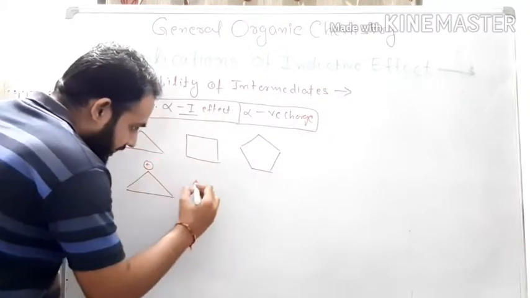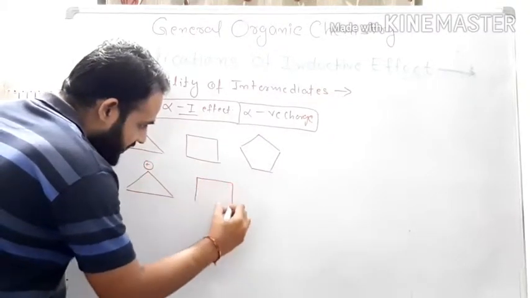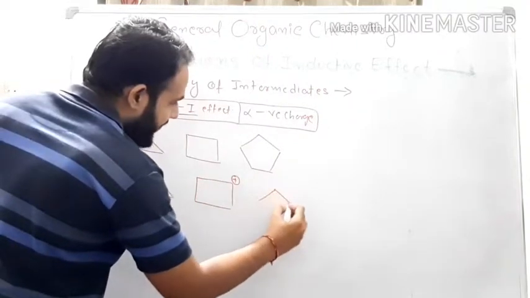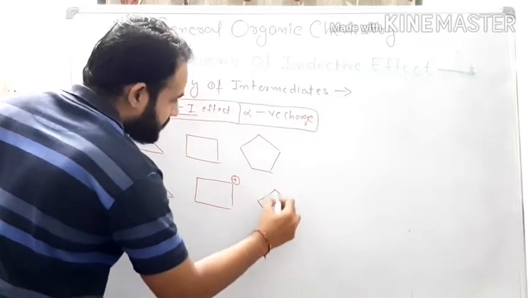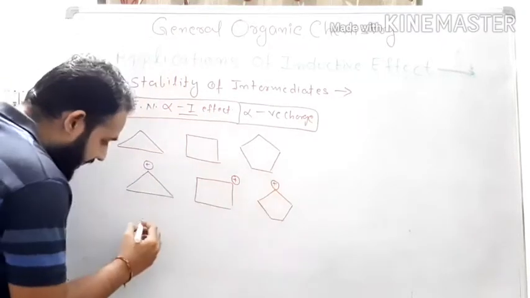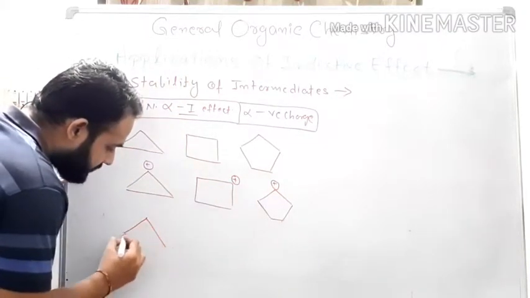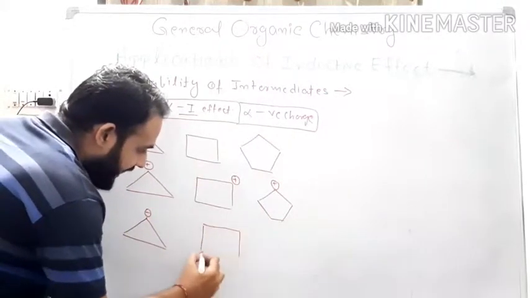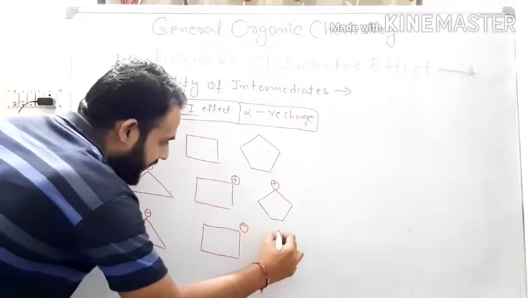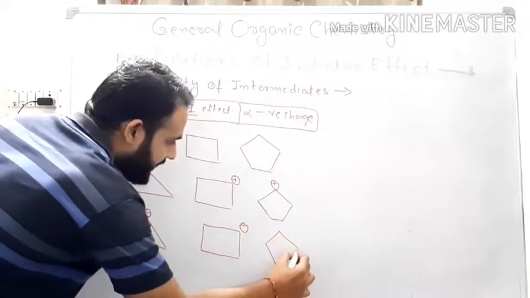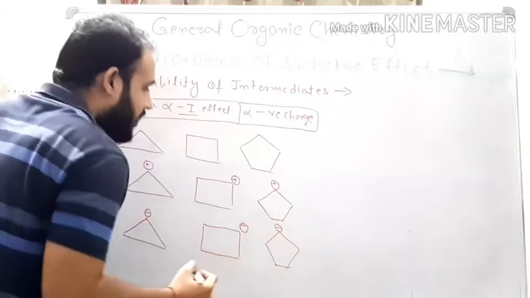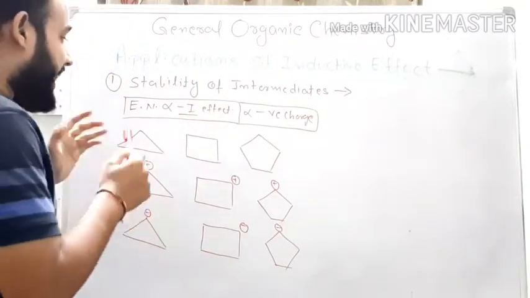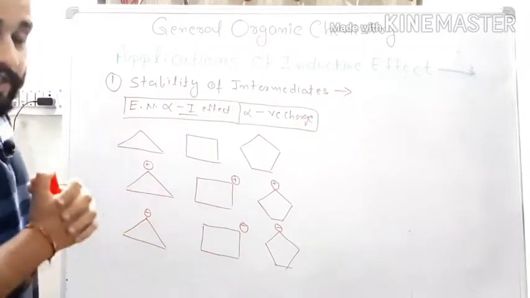We have cyclopropane cation, cyclobutane cation, and cyclopentane cation, and also we have cyclopropane anion, cyclobutane anion and cyclopentane anion.